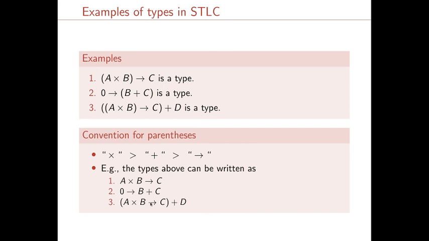So A times B arrow C will be read as A times B with parentheses around, and then arrow C. But we cannot omit the parentheses around the left-hand term A times B arrow C, because if we were to omit these parentheses, the expression would be read as A times B in parentheses, arrow, C plus D in parentheses. So without any parentheses, this term would be mainly an arrow rather than a plus.